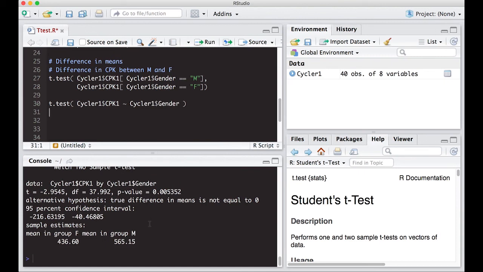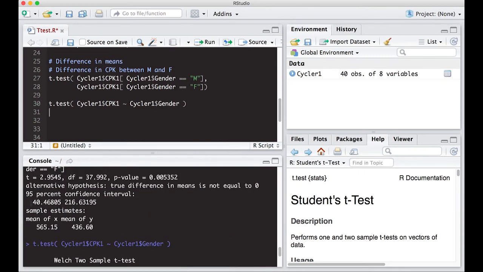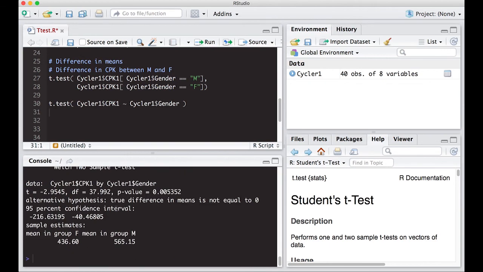Notice that I get something similar but slightly different. Above, I specified which one was male and which one was female, and my 95% confidence interval goes from 40 to 216. But if I use it here, I get from negative 216 to negative 40.